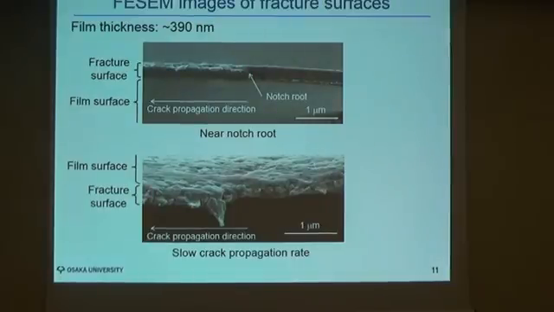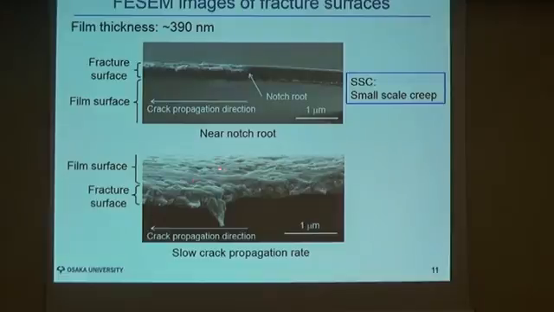So in other words, the crack propagated under the small-scale creep condition at the early stages. And on the other hand, in the other regions, or almost the entire experiment, the fracture surfaces are characterized by very fine roughness. And you can also see very fine roughness on the film surfaces.